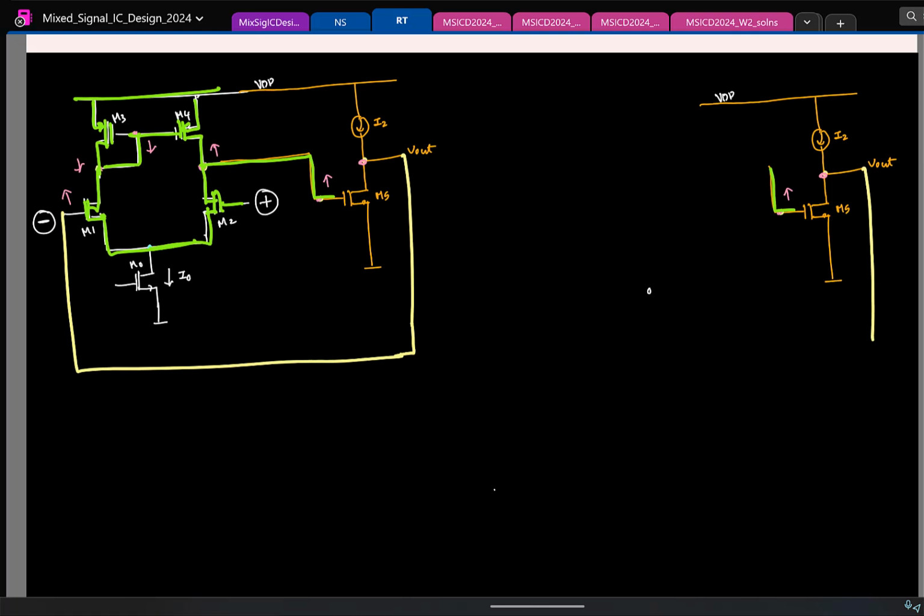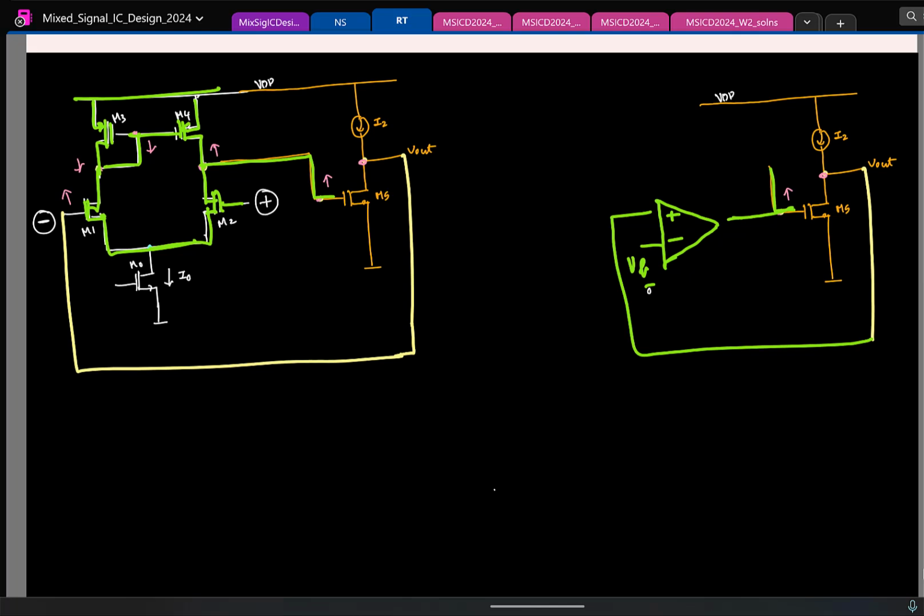I take this fellow, connect it to an amplifier, and here is where I connect the VB of whatever, 1 volt or whatever. So the moment you put the entire thing in negative feedback, you see that the DC bias is also set by some kind of negative feedback action.